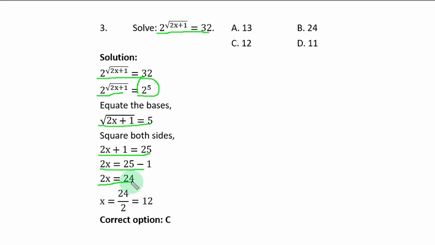Divide through by 2 to get s. So s is equal to 24 over 2, and that is 12. C is the correct option.